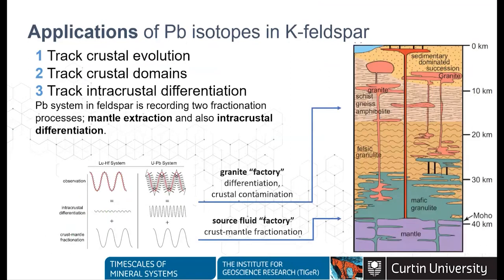In summary, all of these examples highlight that lead isotopes may record multiple overlapping signals of differentiation and fractionation, and they can provide complementary information to other isotopic systems like samarium-neodymium, lutetium-hafnium, etc.